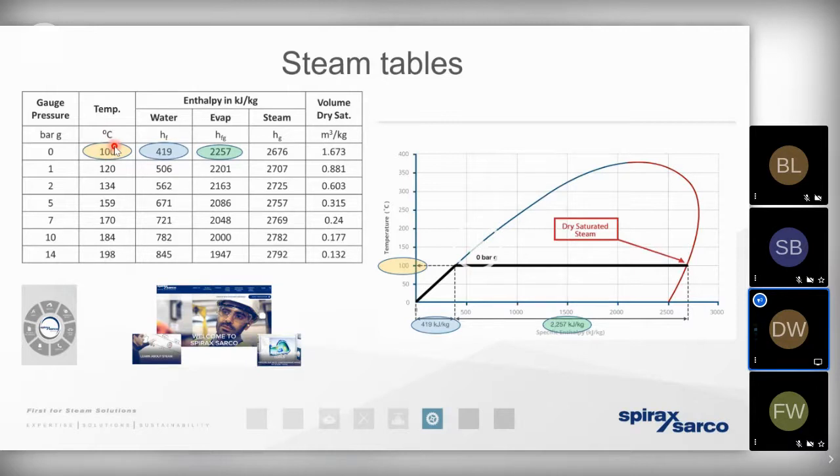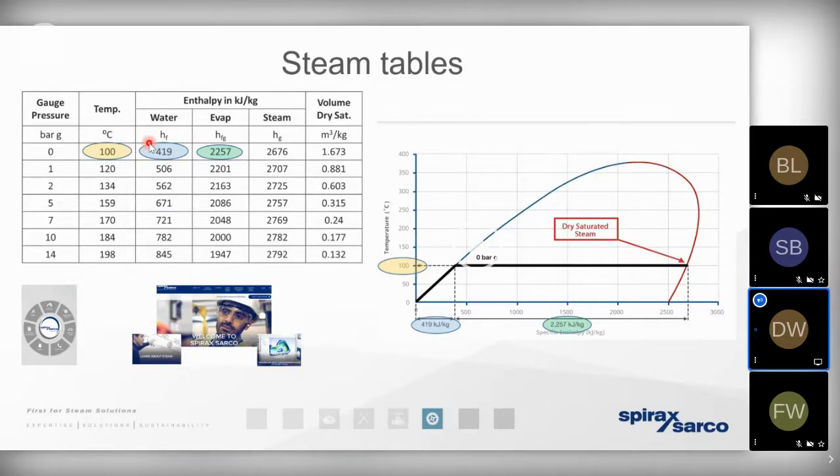Do you remember that specific heat capacity, 4.19? Well, if we want to increase a kilogram of water by 100 degrees, we need to multiply the specific heat capacity by 100. So this next column demonstrates the amount of energy we need to put into that water to bring it up to boiling point, 419 kilojoules for every kilogram.